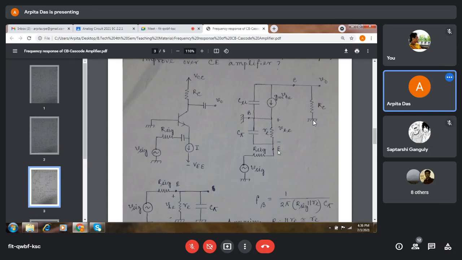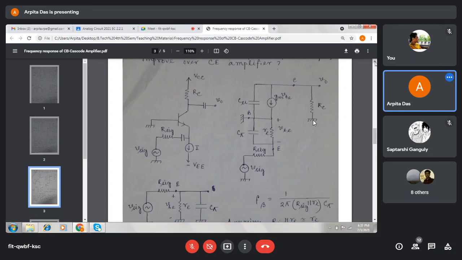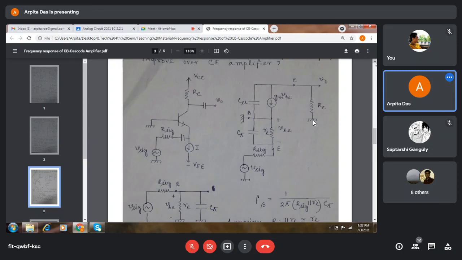But here, if we consider the junction capacitance effect for high frequency ranges, then what will happen? We know that there are two junction capacitances. One appears in between base and emitter, and another appears in between base and collector terminal. We have already discussed it. So here, in between base and emitter terminal, this C pi capacitance will appear.